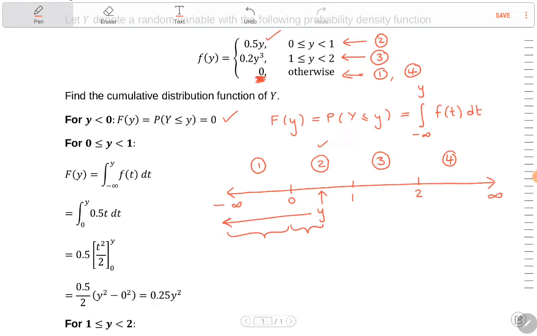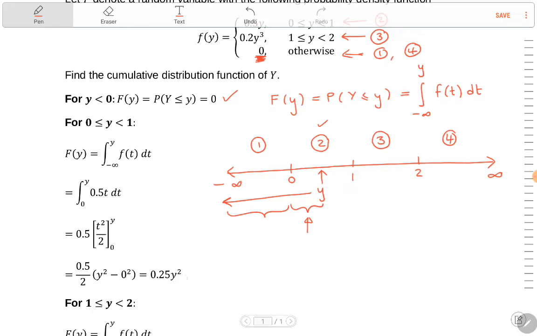So we're not going to waste our time there. Let's focus on this function where we integrate over function number 2 from 0 to y, the given value of y. So here, it's from 0 to y, okay, of 0.5t dt. So not 0.5y, 0.5t dt. And then when you complete the integral, this is what you get.